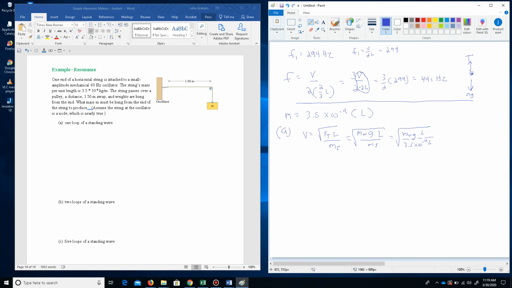And so those L's cancel. So you have mass of the weight times gravity over 3.5 times 10 to the negative 4. This weight is the mass of this thing here.